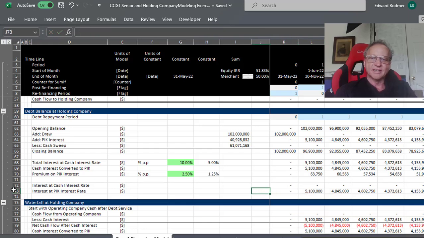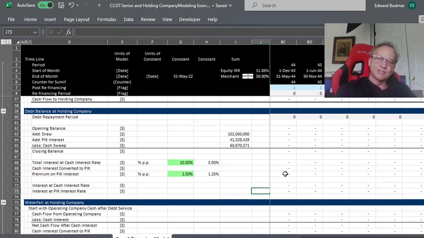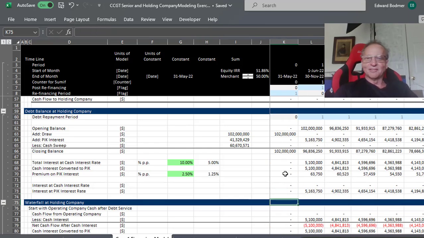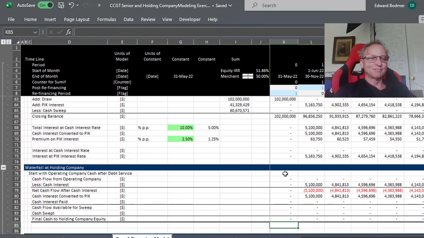And this payment in kind here, again, I should have added the premium. So I made another mistake here. But at least, well, I don't mind admitting I made a mistake, but whatever.